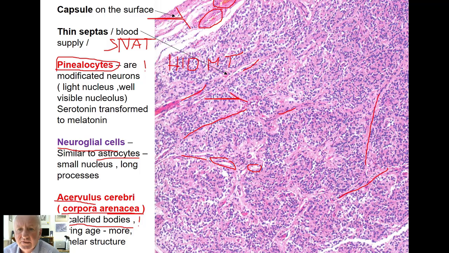So, transferases, and the first enzyme converts serotonin into a kind of half melatonin, and by the work of the second transferase HIOMT this in-between step is converted to the definitive melatonin.